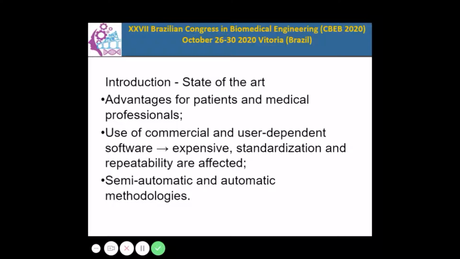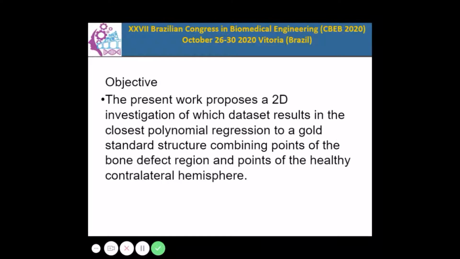The use of commercial and user-dependent software makes the production process of such implants more expensive and affects its standardization and repeatability. Semi-automatic and automatic methodologies were developed for automating the critical steps of the modeling process. The cited studies in my paper use information from the morphologically healthy contralateral skull hemisphere to generate the segment corresponding to the bone defect.